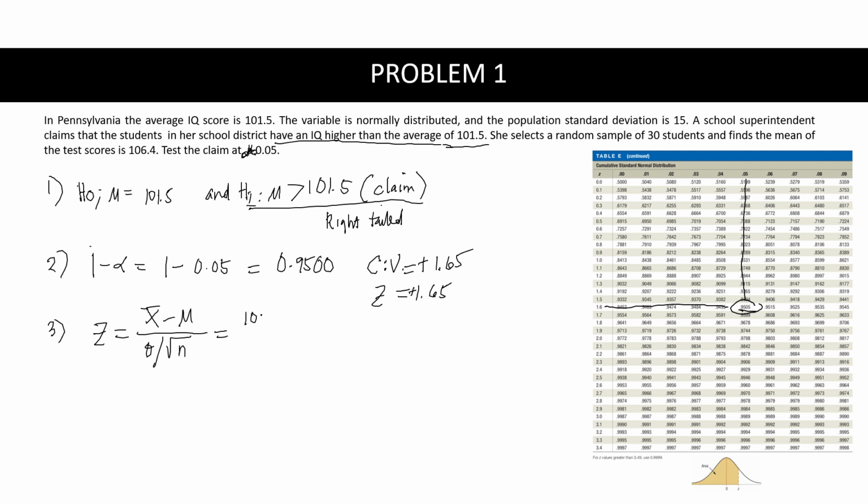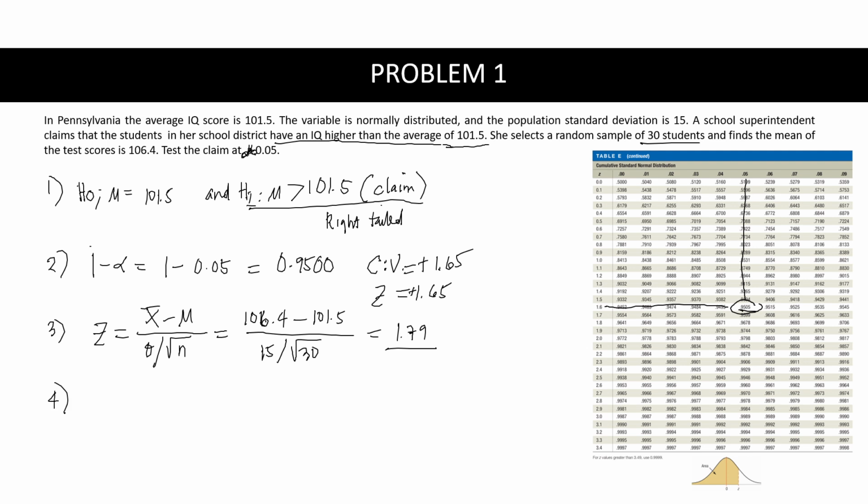We have 106.4 minus 101.5, over the standard deviation, which is 15, over the square root of how many? We have 30 students, so the square root of 30. Computing this using a calculator, we have 1.79.